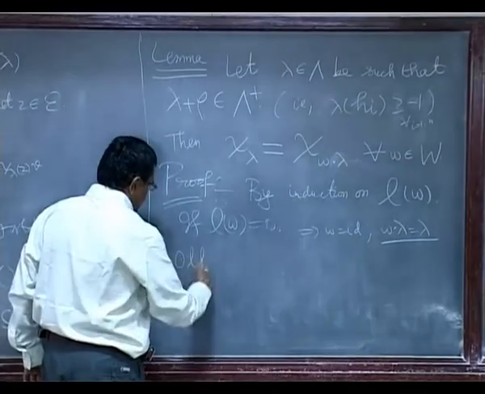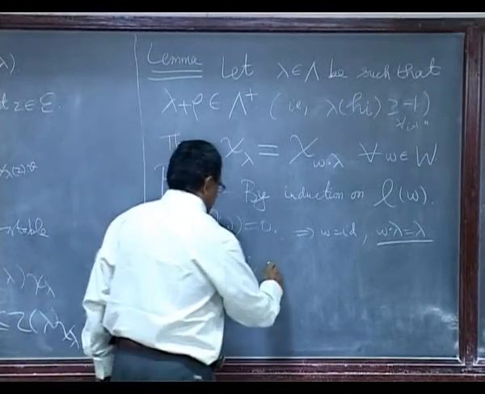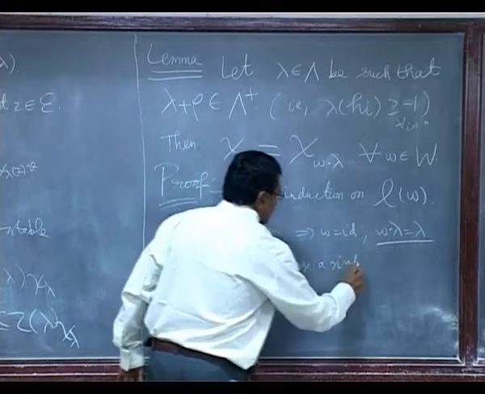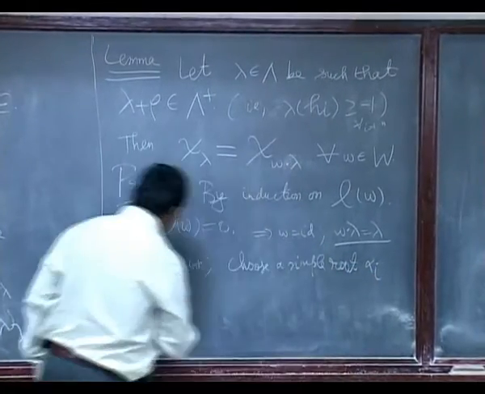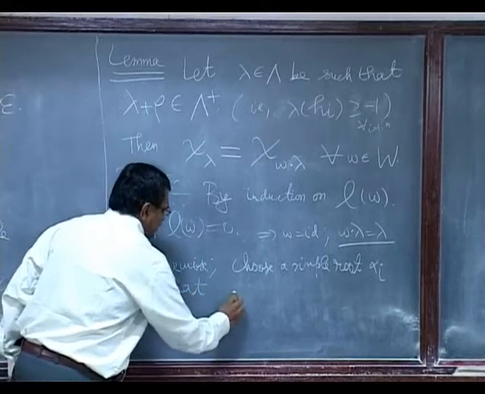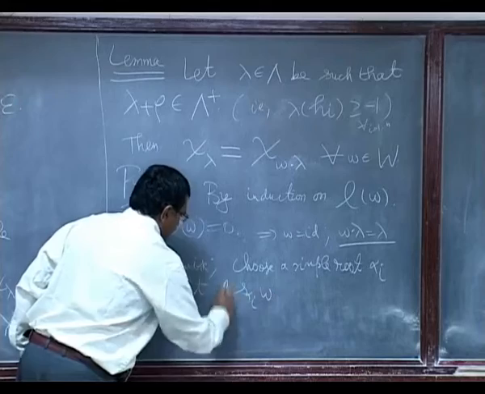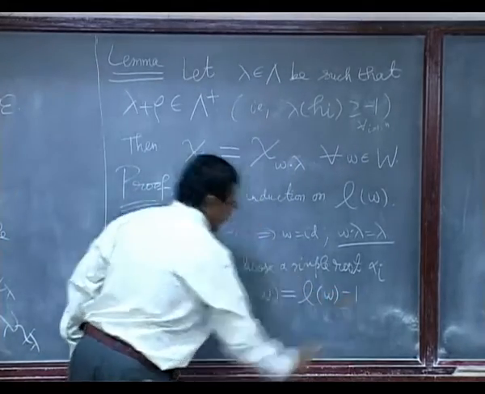Otherwise, choose a simple root alpha_i such that the length of s_alpha_i w is 1 less than the length of w.